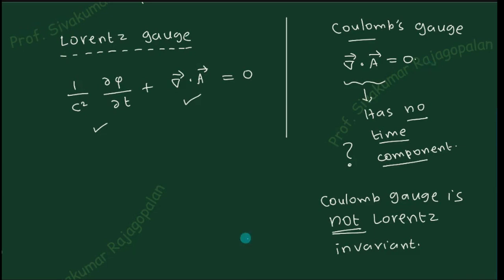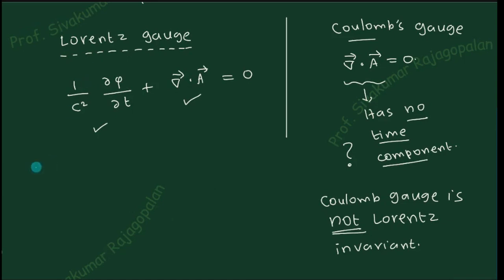In the moving frame of reference, del prime dot A prime may not be 0. So your gauge condition itself will be destroyed when you are making frame to frame changes. That is the important conclusion about this. But interestingly, for the Lorentz gauge condition, it is not so. So let us see what will happen in this case.